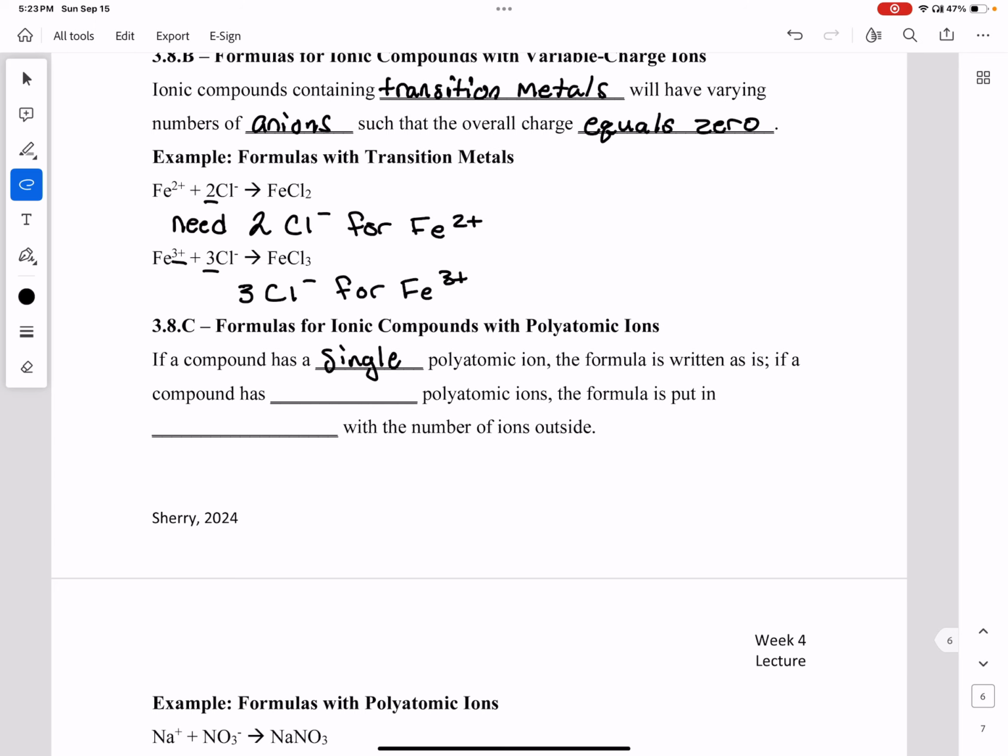There's no special modification. But if you have multiple polyatomic ions, then you've got to put the formula in parentheses with the number of ions outside. We'll look at an example on the next page.